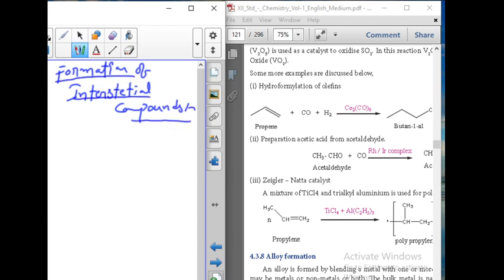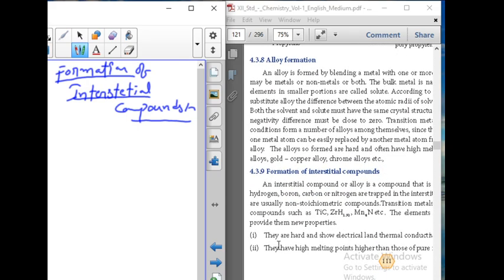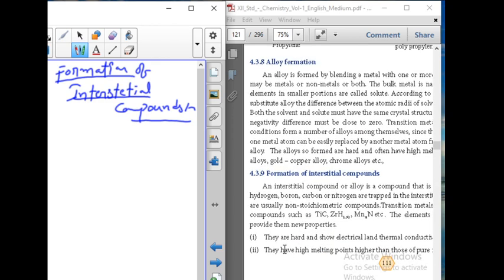Interstitial compounds are also called non-stoichiometric compounds. Compounds we know have stoichiometry, meaning you are able to balance them, but non-stoichiometric compounds, which are interstitial compounds, mean non-balancing compounds.